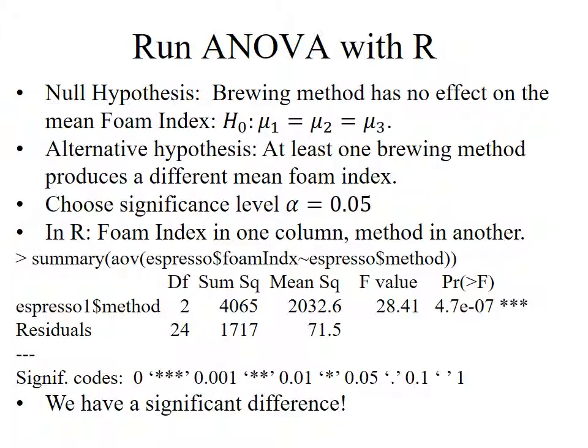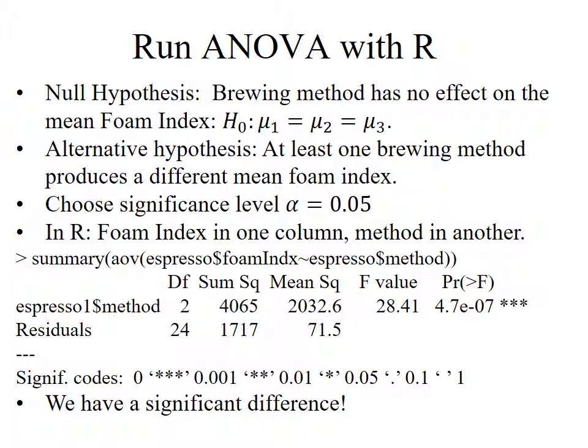Next, R goes through and calculates the sums of squares. On the bottom, we have the sum of squares of the residuals, and on the top, we have the sum of squares based on the 3 different methods. And notice that we get bigger sums of squares based on the method than we do with the residuals. Now we need to take those and compute the mean squares.